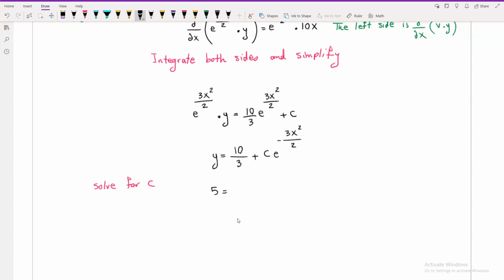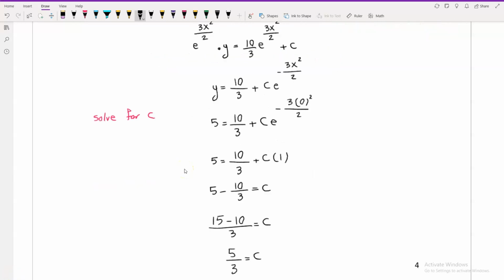So 5 equal to 10 over 3 plus c times e power negative 3 times 0 squared divided by 2. So here we have e power 0, that is equal to 1 on this part. So we have 5 equal to 10 over 3 plus c times 1. Simplify. Solving for c, c is equal to 5 over 3.